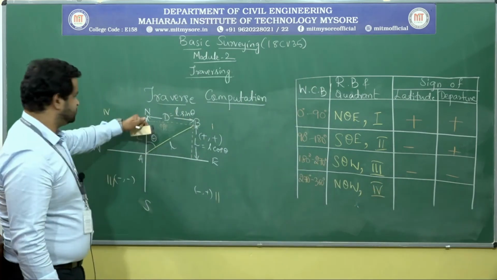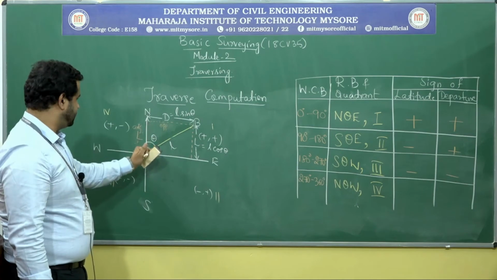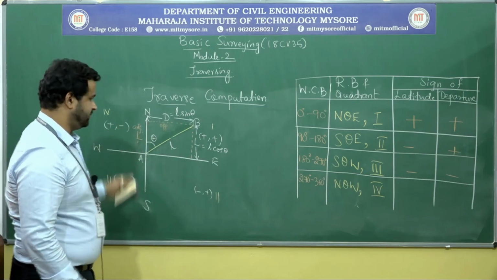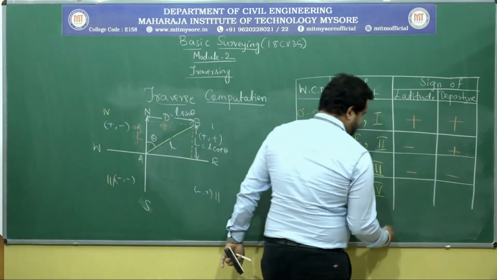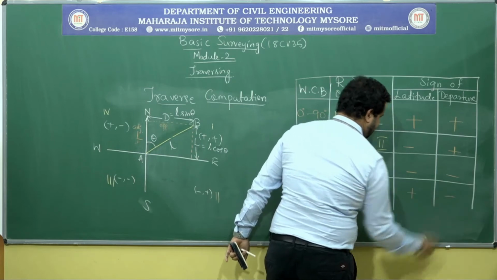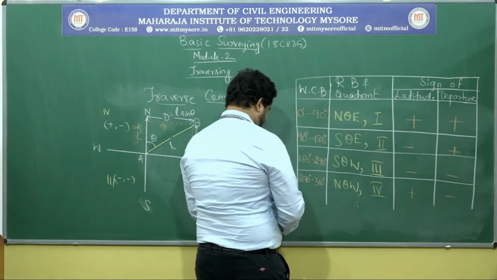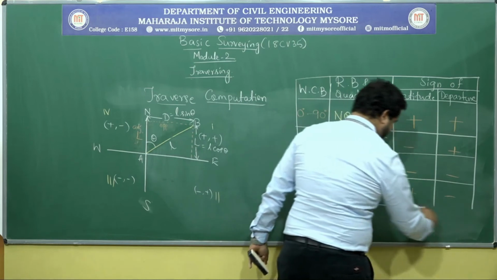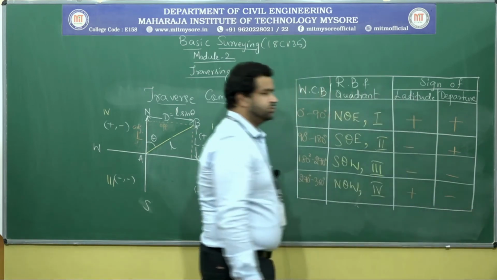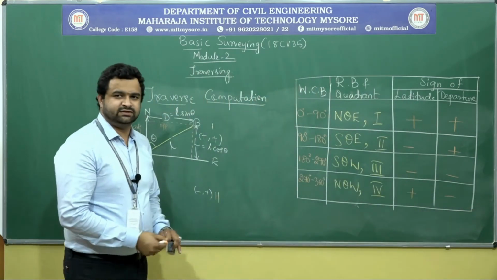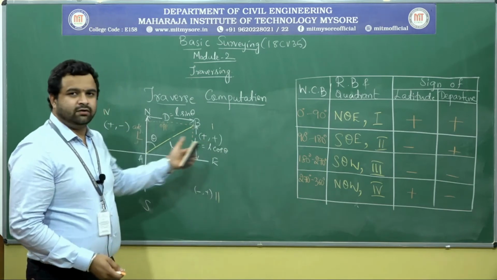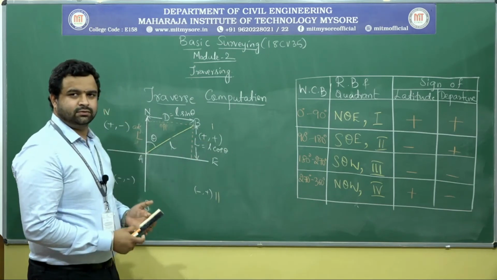Here the latitude is towards north, positive, and the departure is towards west, it is negative. So it is plus and minus. So these are your latitude and departure in 4 quadrants respectively.